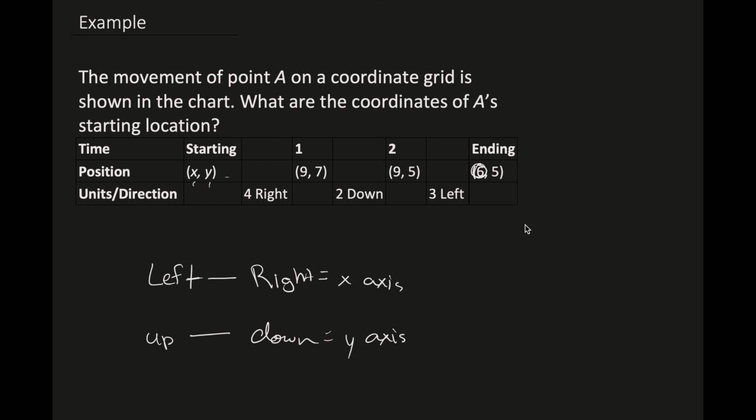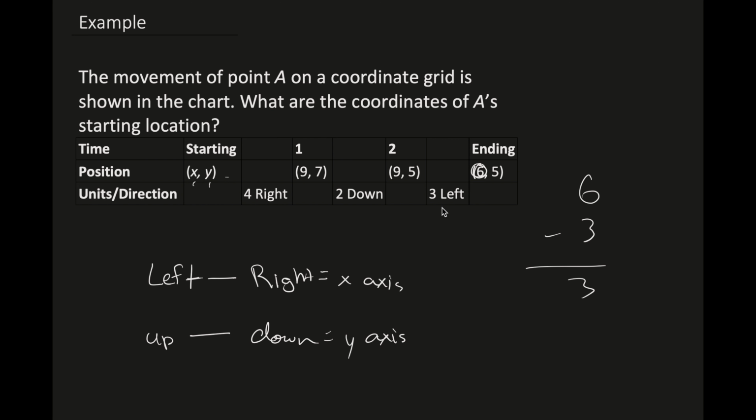So this is one way to show. If you have 1, 2, 3, 4, 5, 6, if you move left 3, 1, 2, 3, you're subtracting 3. So we're going to subtract that by 3. 6 minus 3 equals 3.